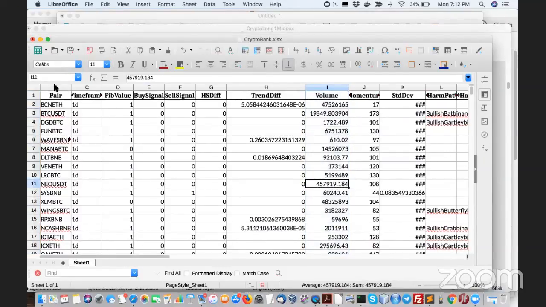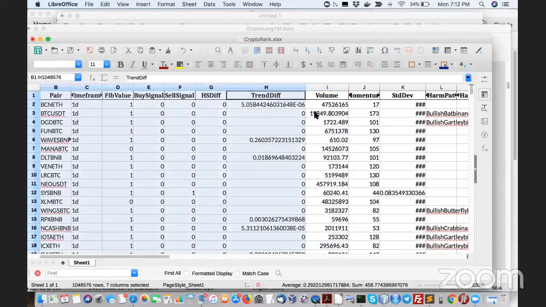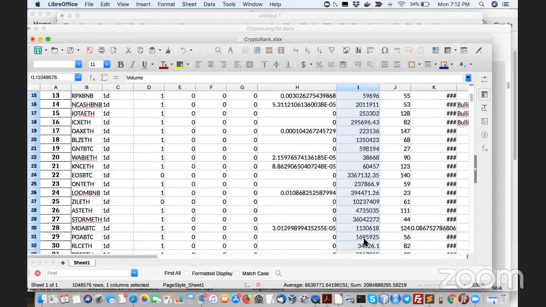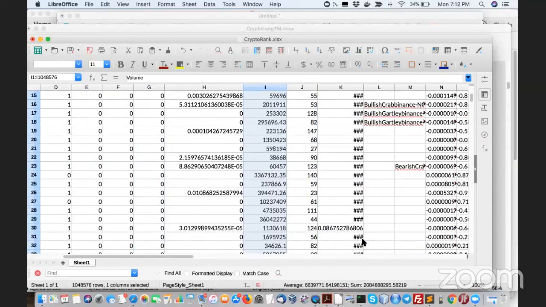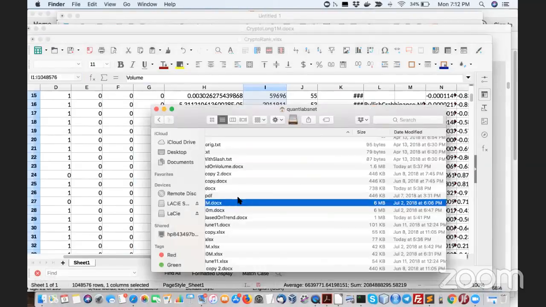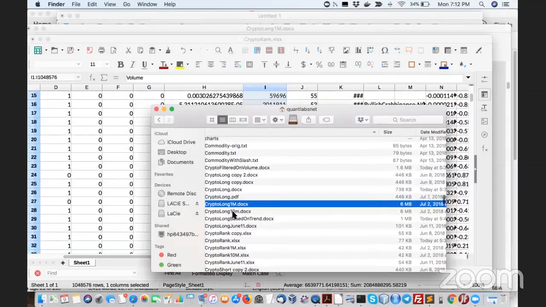So if I do a sort, actually, I shouldn't do that, but you'll probably see some cryptocurrency pairs at 30 million, 40 million, whatnot. So you have to find that threshold as part of the report so that you'll potentially trade on. I've done mine here, as you can see, at 1 million or 10 million. 10 million is pretty safe, but what I've noticed over the last number of months is the volume's been dropping in the cryptocurrency space.